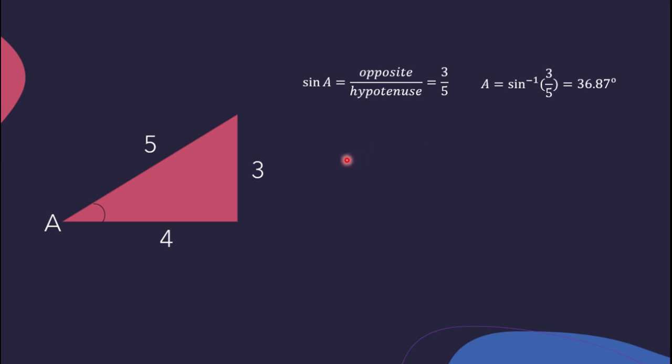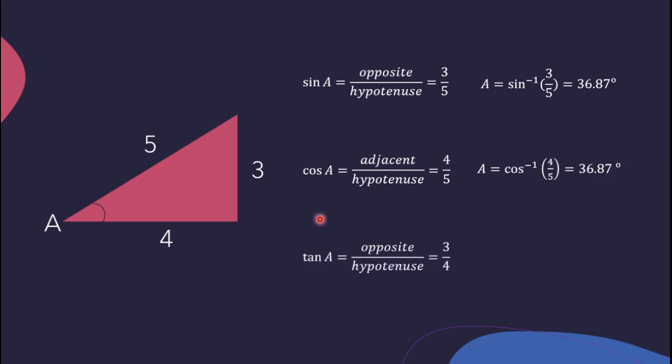The same is true with cosine A. Adjacent over hypotenuse, which is 4 over 5. Same process. Transfer cosine to the other side, so it becomes cosine inverse. So A is equal to cosine inverse of 4 over 5, which is equal to 36.87 degrees.